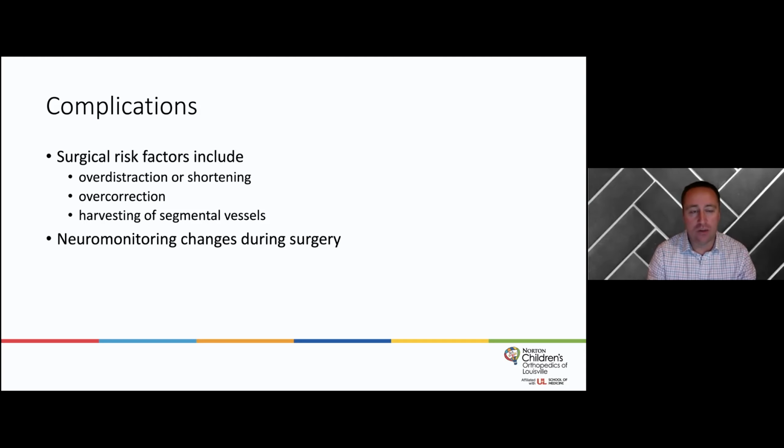And I would say in a congenital scoliosis case, upwards of 30% of the time you're going to have some neuromonitoring changes where you either have to do less correction than you would like, or you even have to, unfortunately, abort the surgery because the spinal cord cannot handle any more that case.